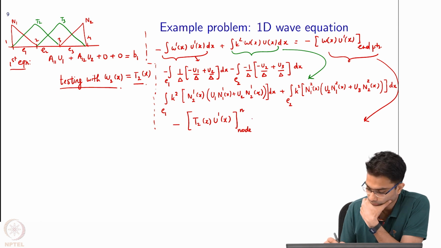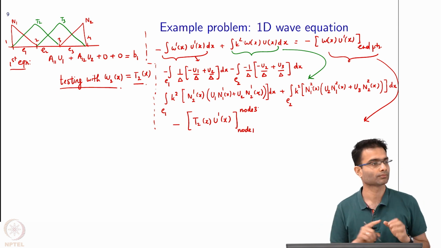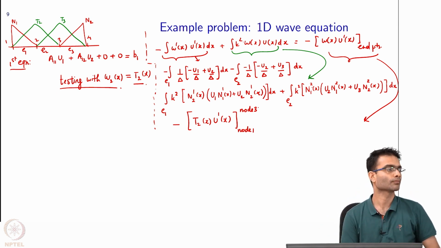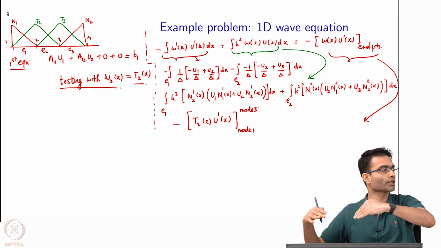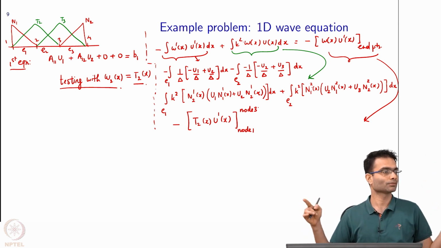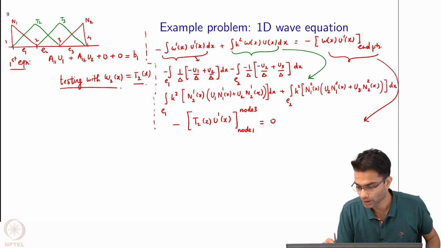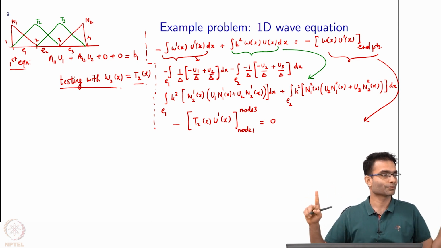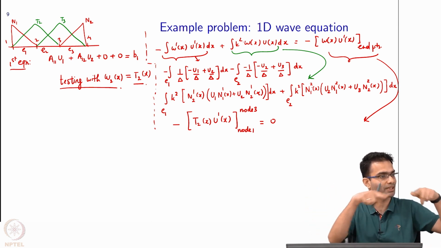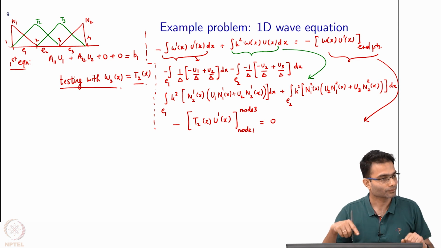Yeah, node 1 minus node 3. Fine. What will this be? What is the value of T2(x) at node 3, at node 1, let us say? 0, right. This triangle, this green triangle is starting from node 1, going to node 2 and then going to 0 at node 3. So at both the node points, what is its value? 0. So very easy. So you notice that this right hand side term comes into play only at the endpoints, because it gets cancelled like this. This is a clever choice of basis of testing function also, right.